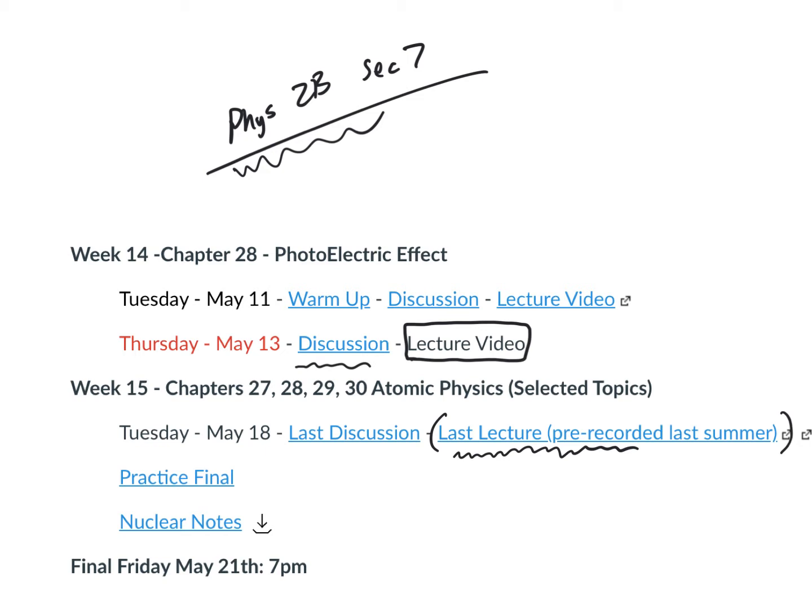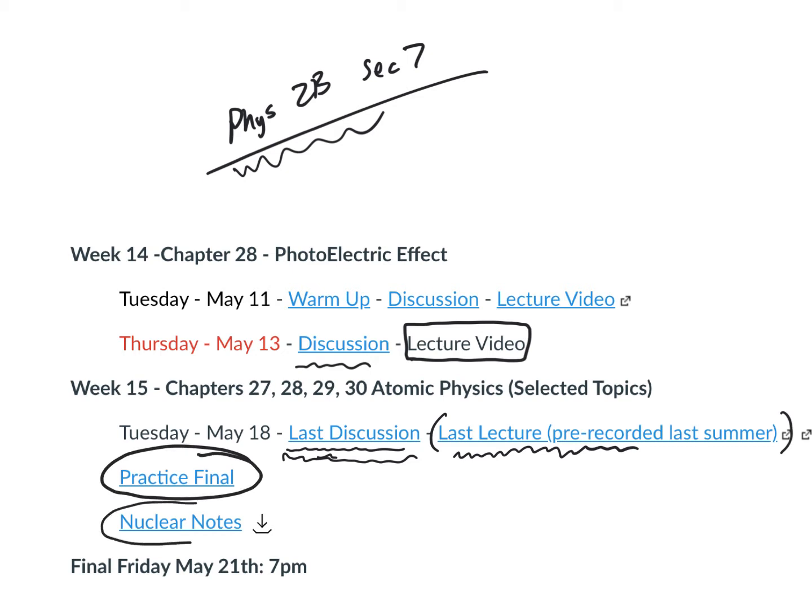All right. There will also be a discussion for next week, which you might want to do over the weekend. And that's basically a practice exam. Okay? So you have basically a practice exam for that discussion. There's a practice final available here.